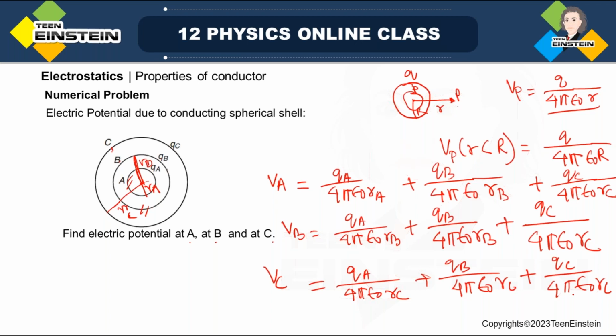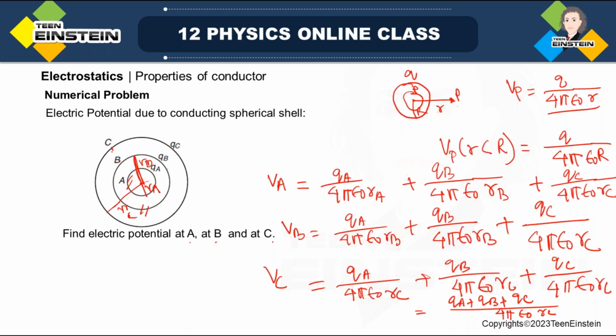So that means this is QA plus QB plus QC divided by 4 pi epsilon naught RC. Okay, this is the answer.